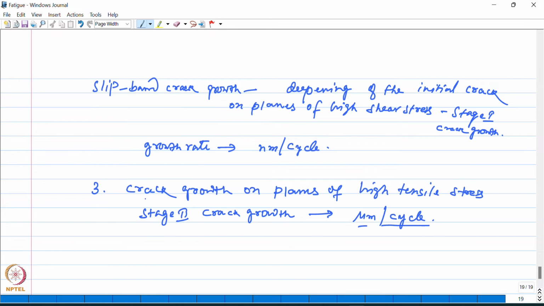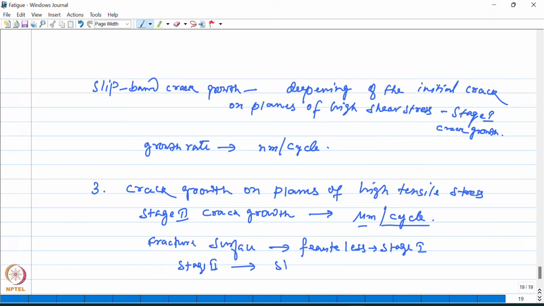And the other difference between stage 1 and stage 2 crack growth is the fracture surface, which is featureless in case of stage 1 growth, but in stage 2 growth, specific features known as fatigue fracture striations develop on the fracture surface.